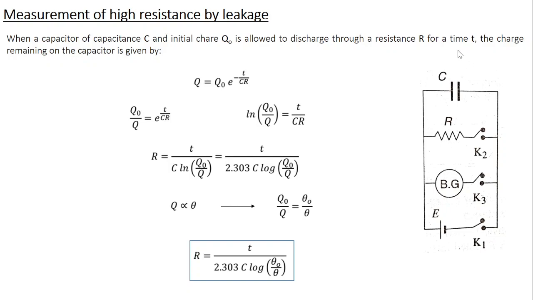So in 5 milliseconds, the capacitor gets completely discharged. So by the time you open and close the keys and look at the deflection, the capacitor is fully discharged and you will see zero current or zero deflection in your ballistic galvanometer. Right? So the response of the capacitor is too fast. By the time we make the measurement, the charge is completely gone. So this is the problem if the resistance is small.